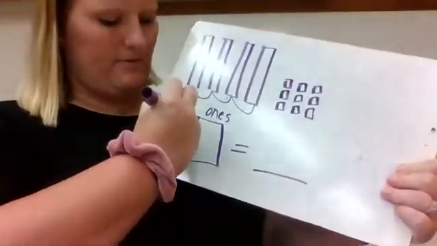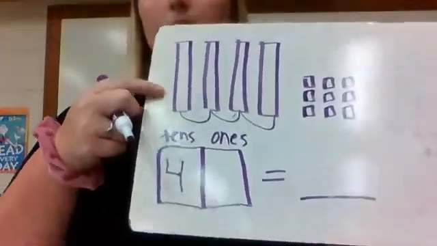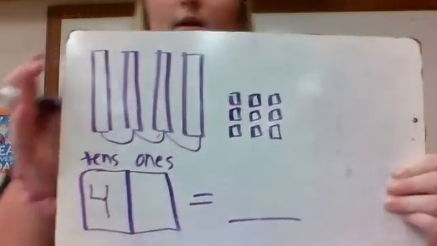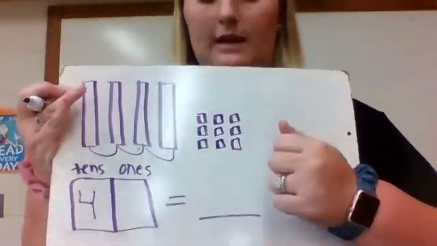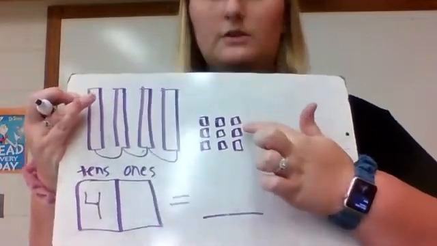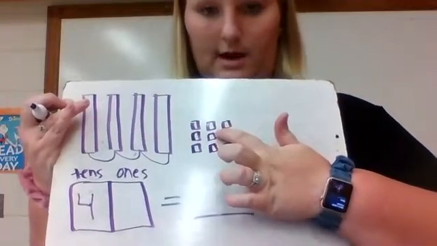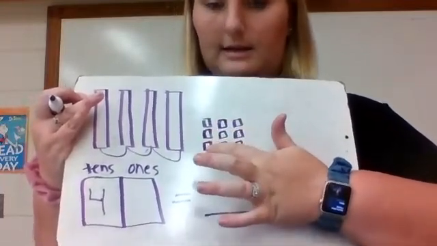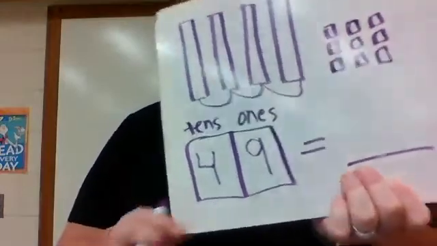We're going to write the number 4 right here because we have 4 rods, 4 10s. How many 1s? How many blocks do we see? Count them with me. 1, 2, 3, 4, 5, 6, 7, 8, 9. We have 9 1s.